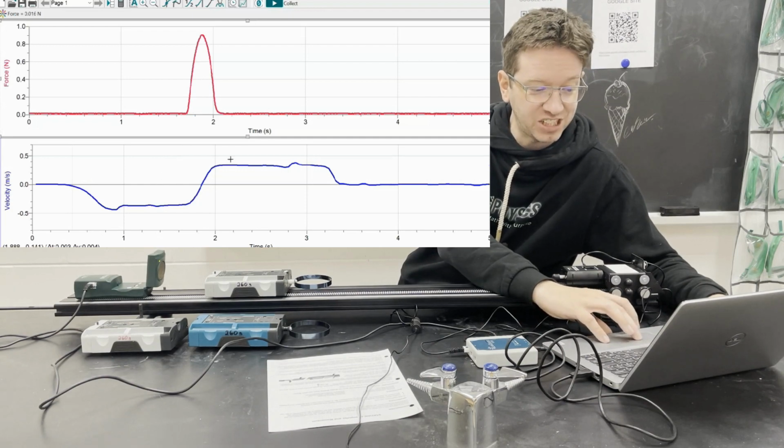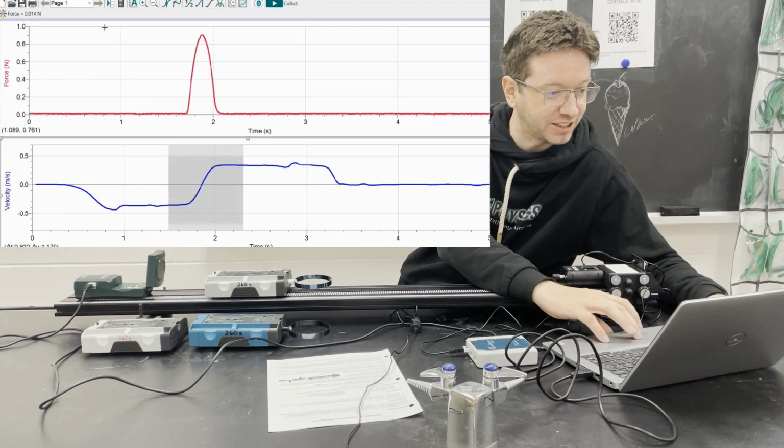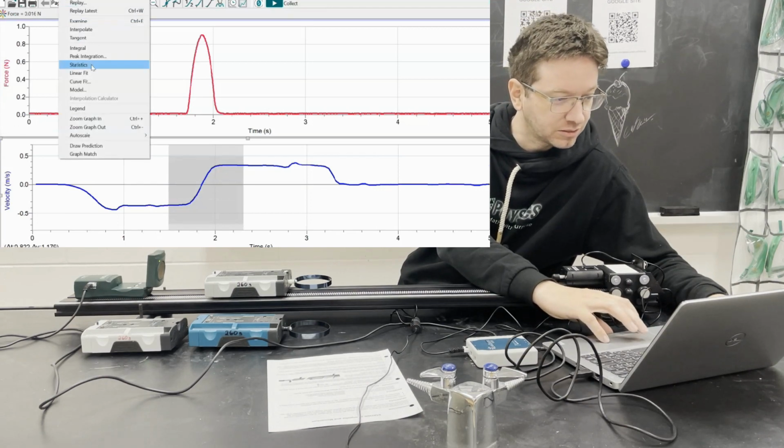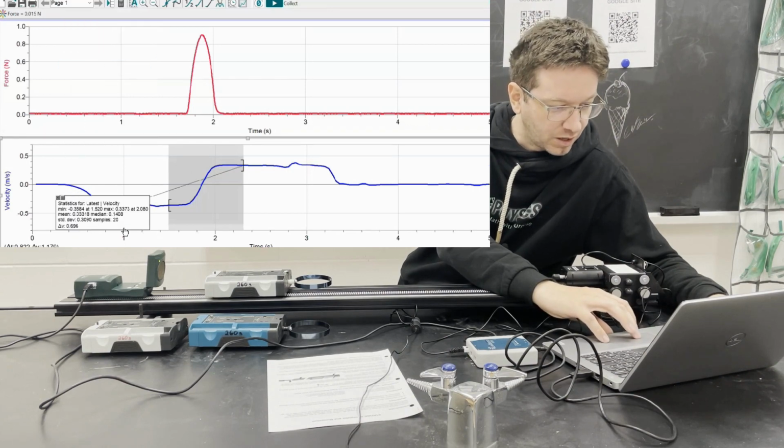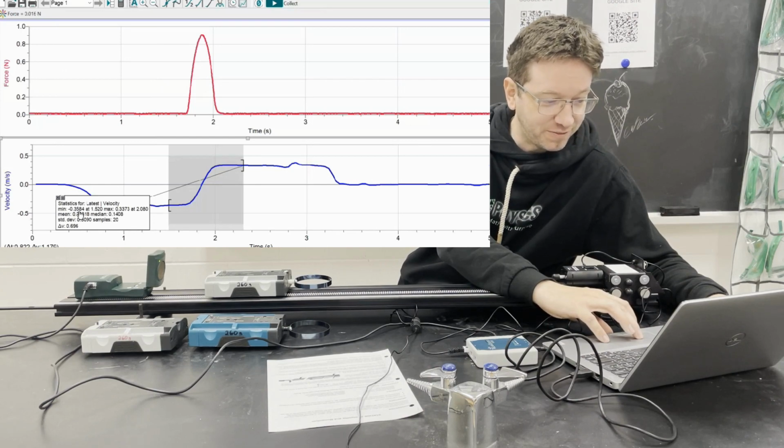So here we can see the change in velocity. So let's look at what the velocity was before and after the collision. Alright, so we can see that before the collision, we had a velocity of negative 0.3584 meters per second.